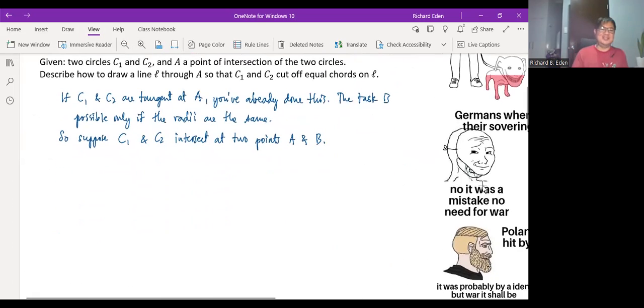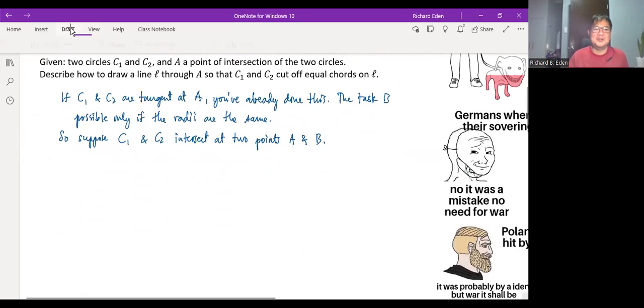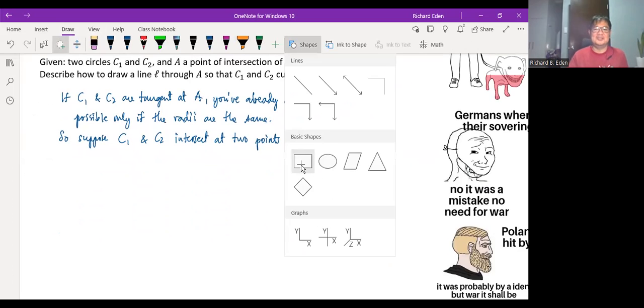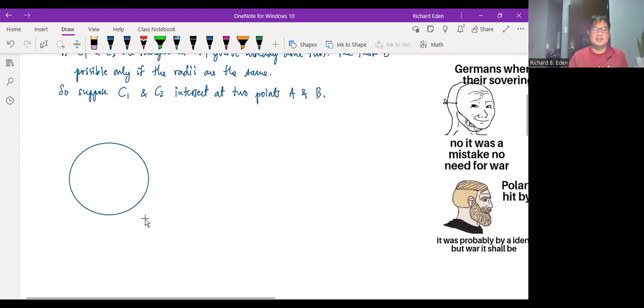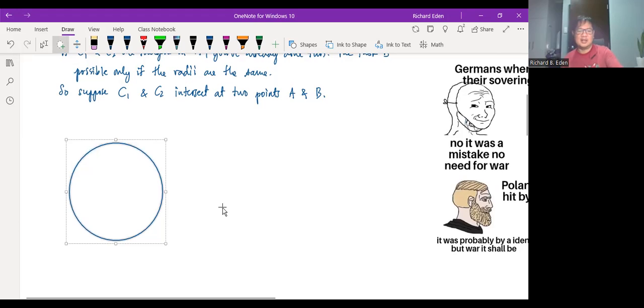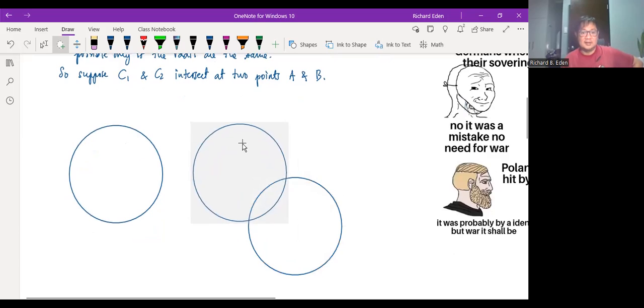So suppose C1 and C2 intersect at two points A and B. Let's use the shapes. And to be general, let's assume that they have different sizes.